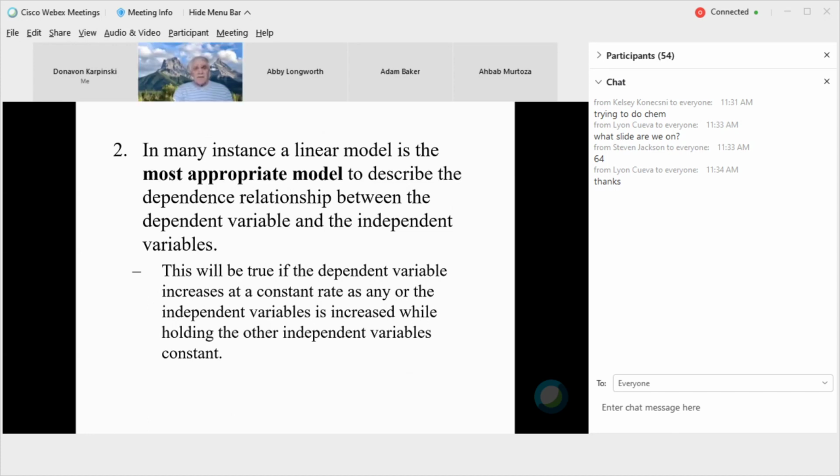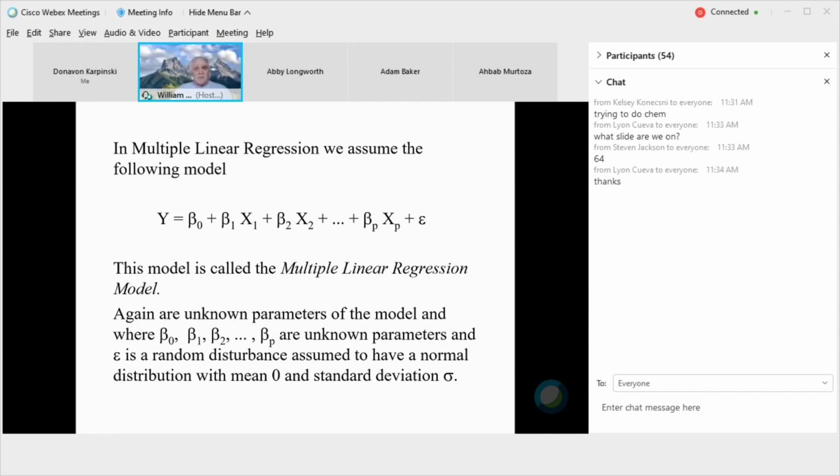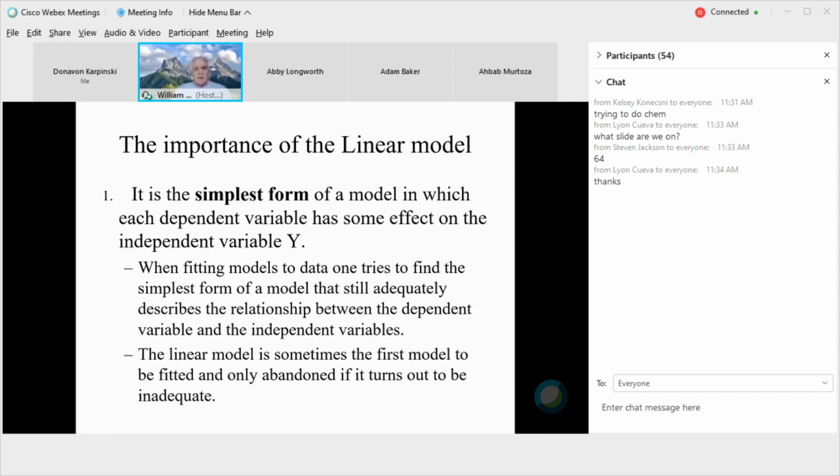This will be true if the dependent variable y increases at a constant rate as any of the independent variables is increased, while holding the other independent variables constant. If that's the case, then it will form a linear model.